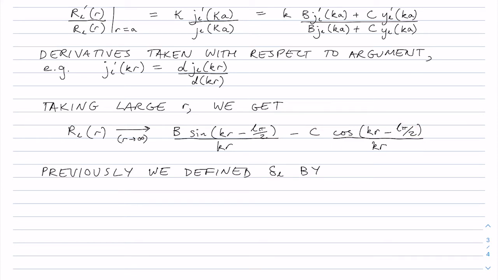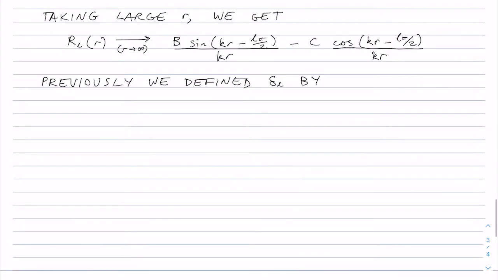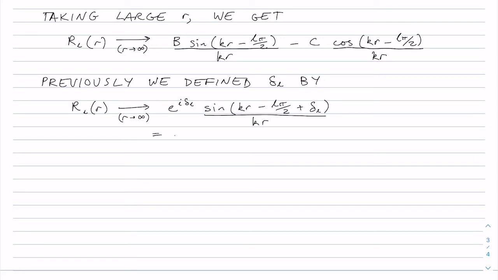Now we want to make a connection with the phase shifts that we had defined previously. And previously we wrote this, which we can now expand. And I'm using here the sine rule, sine of a plus b, where a is kr minus l pi over 2 and b is delta_l.